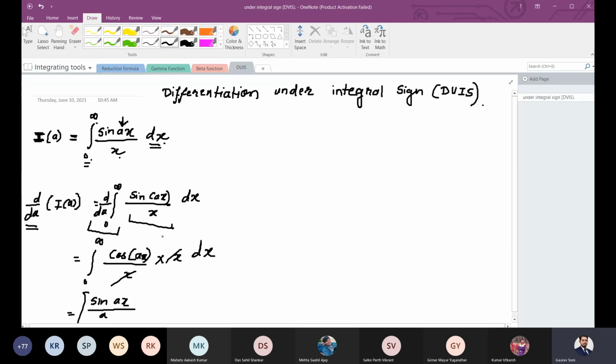Oh, I'm so sorry. Integral 0 to infinity. Okay, and this is how we have evaluated this. So here I'm not getting the answer, actually at infinity sine of a infinity. So the question which I started with is wrong. But I hope the idea is clear.